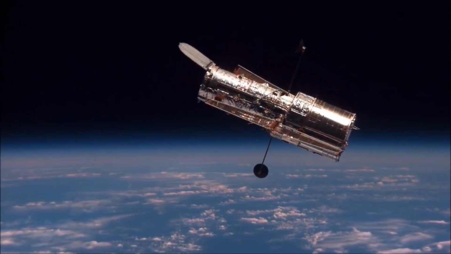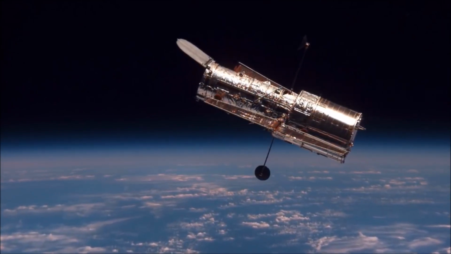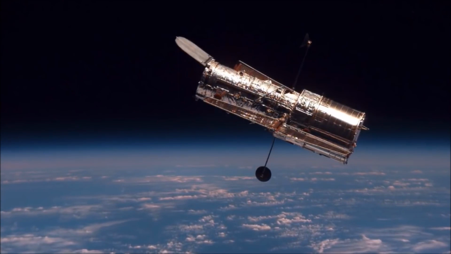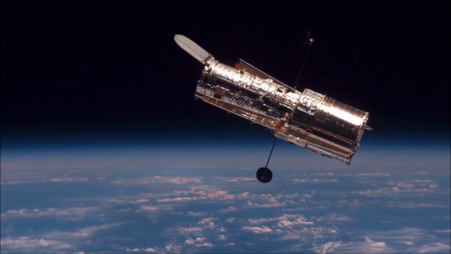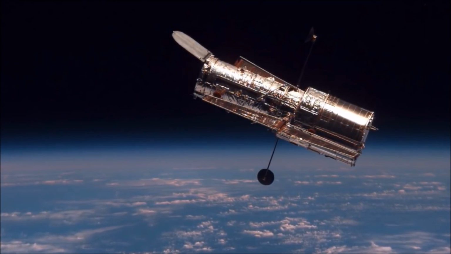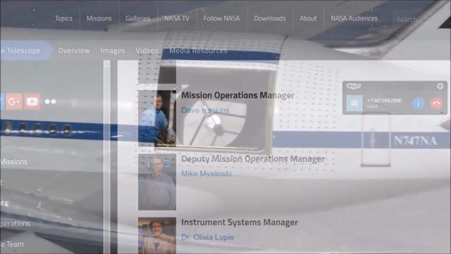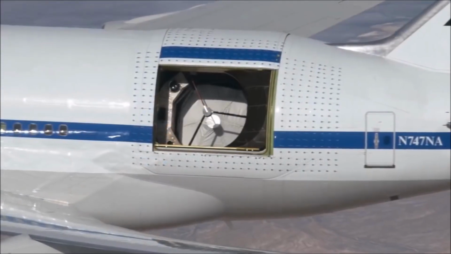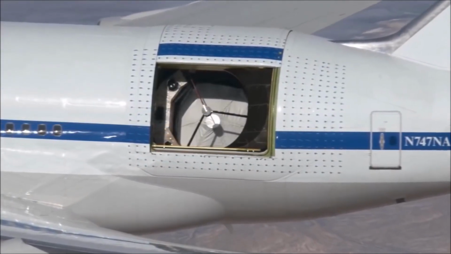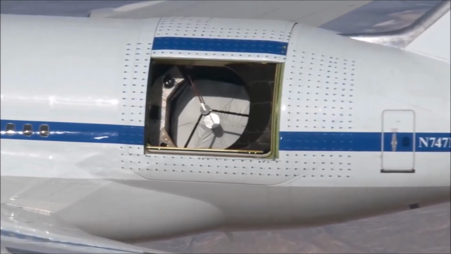Because why wouldn't a $1.5 billion telescope, which is being used by every university around the world and every scientist involved in any kind of astrophysics, astrodynamics, just space exploration period, if we're getting these images from Hubble and SOFIA, which is a 747 special purpose aircraft with the same exact technical specifications when it comes to the telescope, SOFIA's taking the same exact pictures as Hubble.